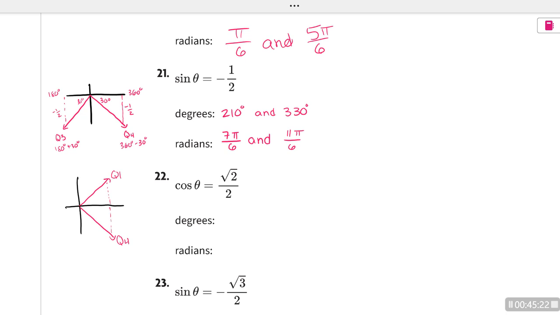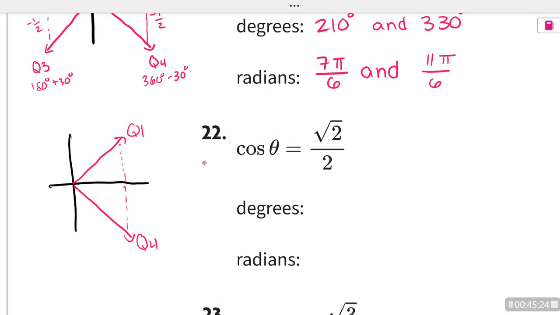So cosine of square root 2 over 2, that means the x value is square root 2 divided by 2. So this is going to give us a 45-degree angle because it's a 45, 45, 90 special right triangle. So in quadrant 1, we just use the exact 45.